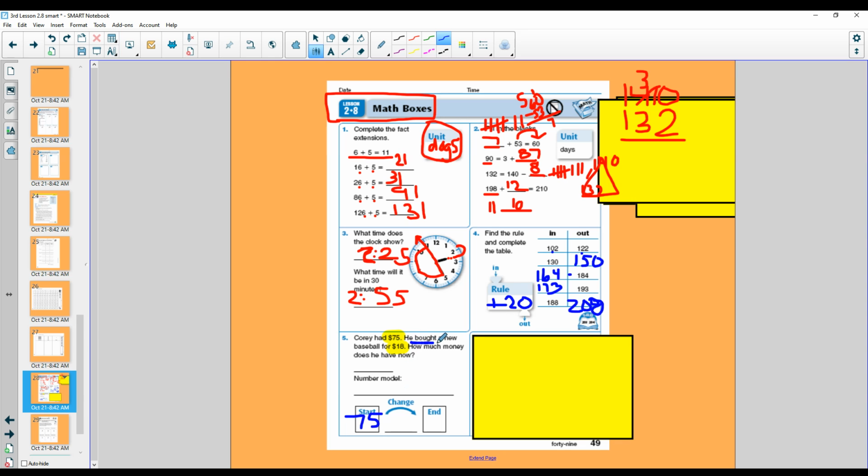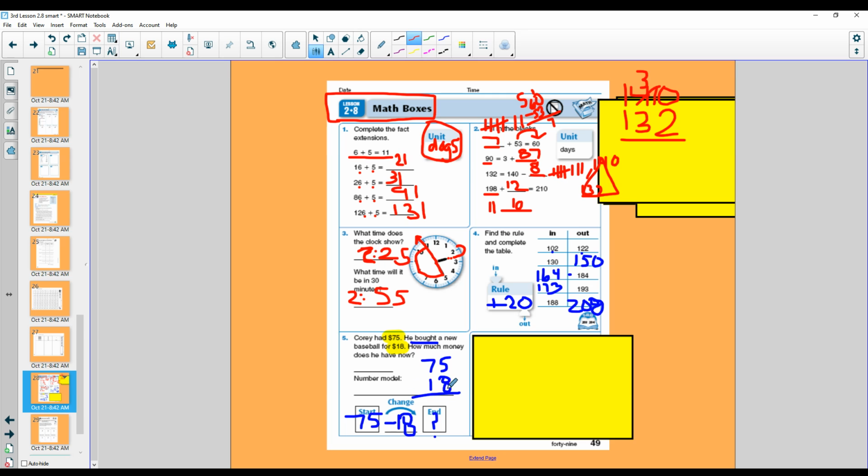He bought something for 18. So when you buy something, are you adding or subtracting your money? Subtracting. Now we need to figure out how much he ends with. Our number model, I'm going to write it this way: 75 minus 18 equals. That's going to help me get the answer.